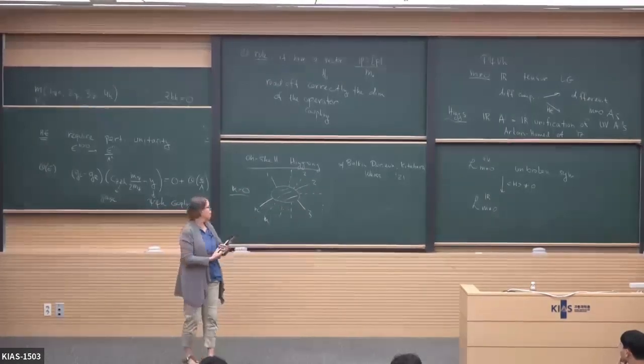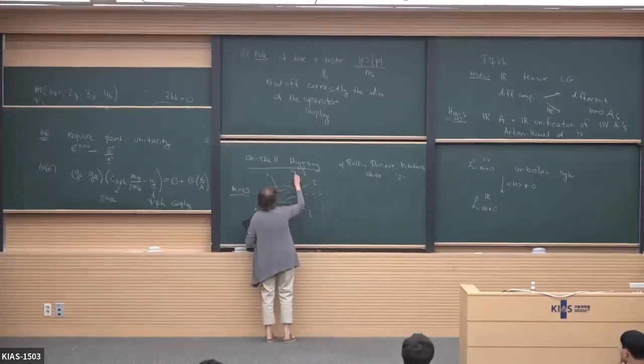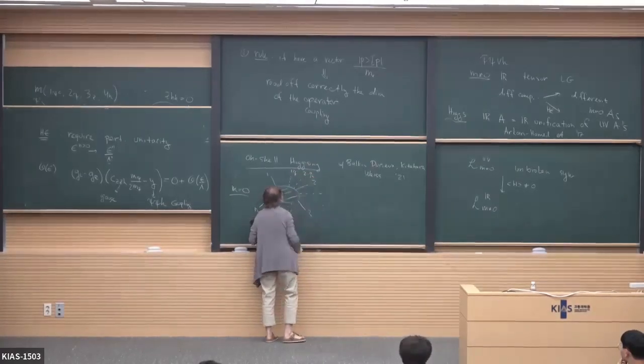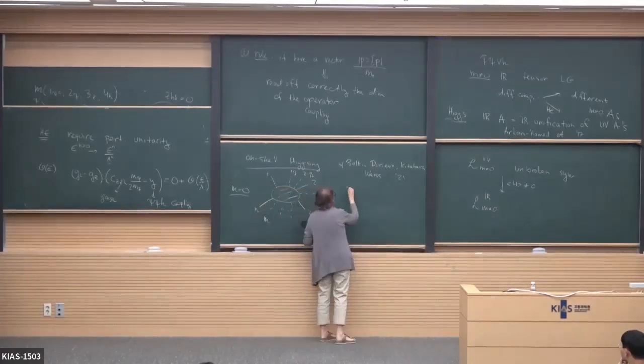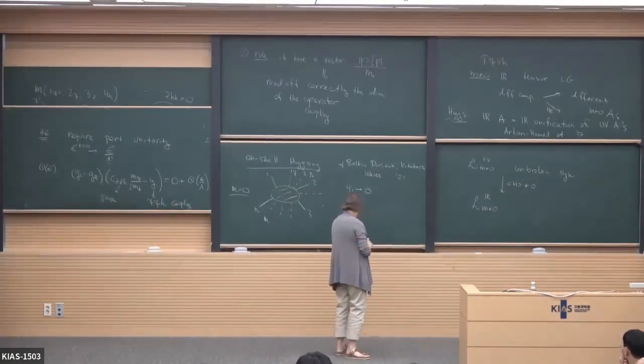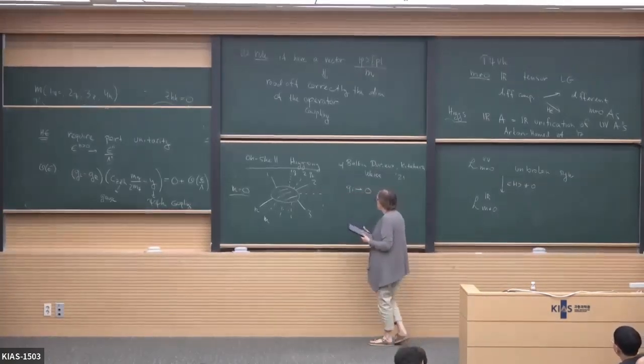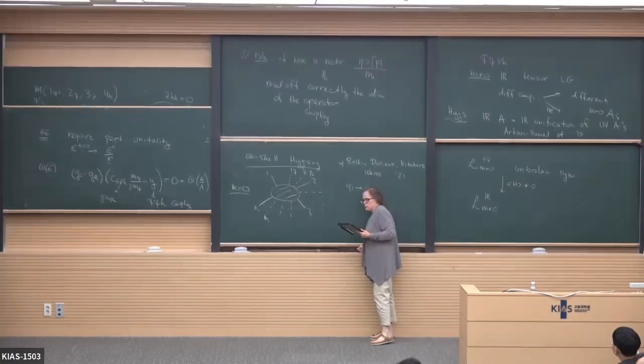So I'm taking its momentum to go to 0. So if these guys have momenta Q1, Q2, and so on, I want to take all the Qi's to 0. And this is the limit in which I'm going to get the massless amplitude.